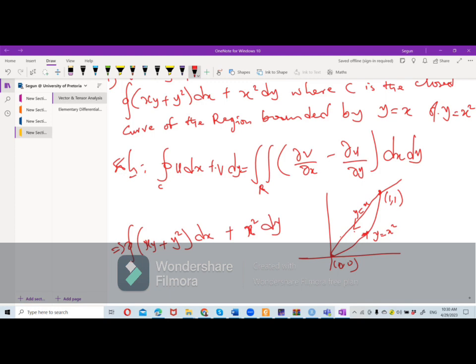Can we integrate this? But don't forget here, we say that y equals x and y equals x squared. Remember the function here and the function here, x squared. So we need to differentiate this. How do we differentiate this?